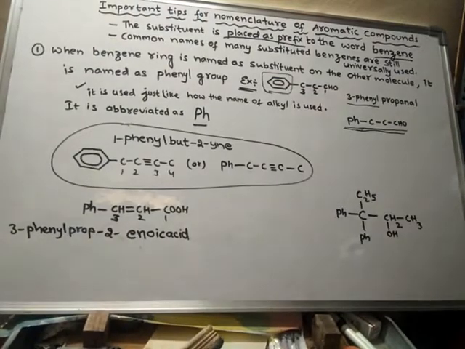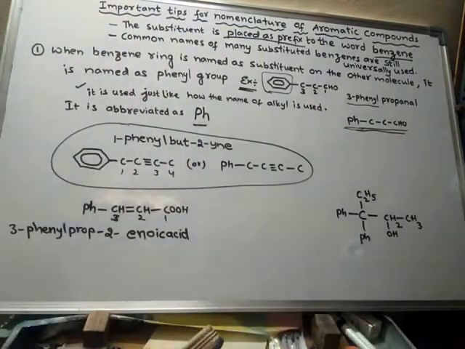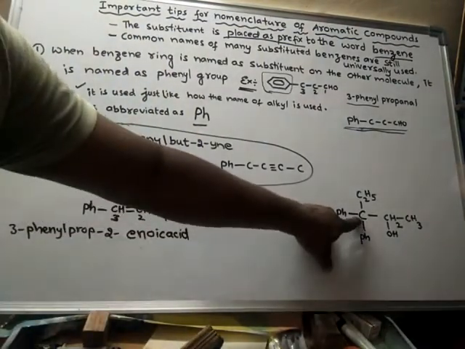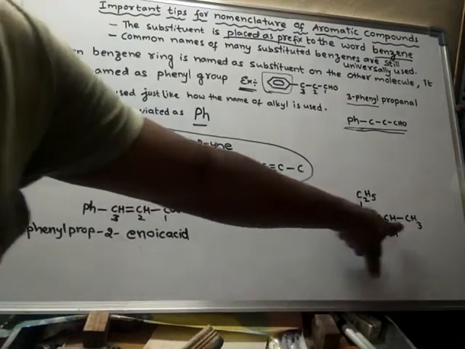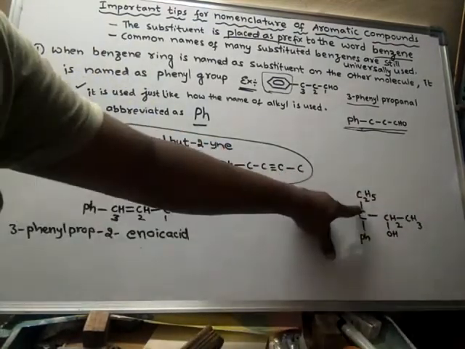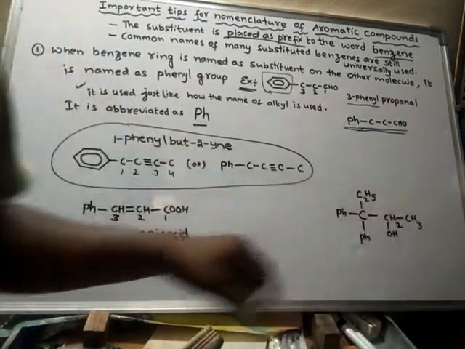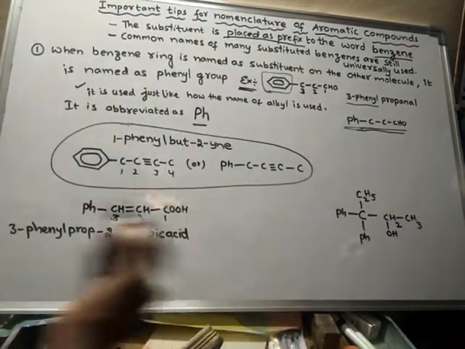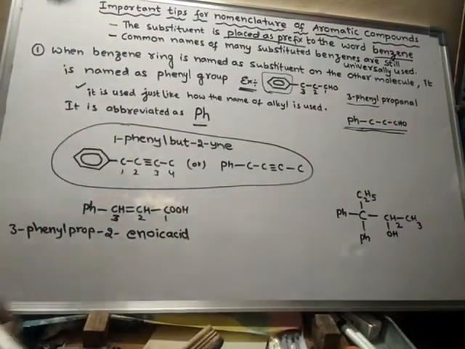Like this. What is the name of this compound then? See, there are two phenyl groups, or two benzene groups, attached to this carbon, and this is the parent chain, and here is the continuation of this parent chain. So how many carbons are there in the parent chain?